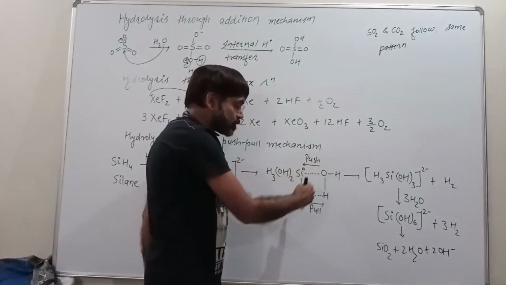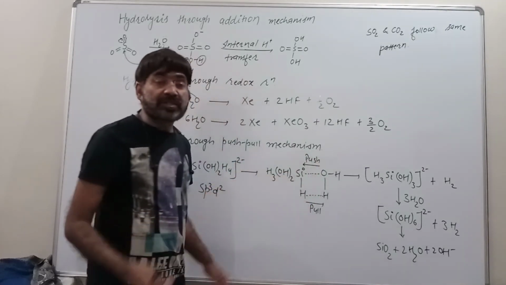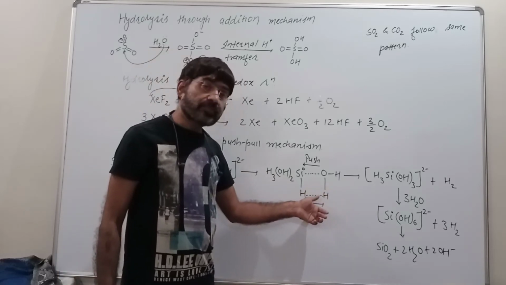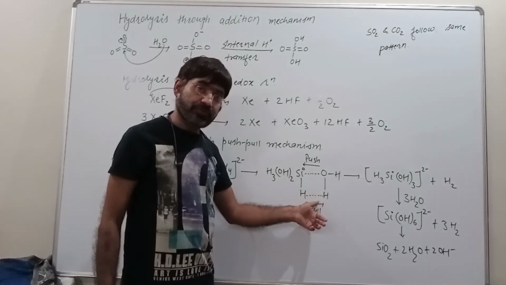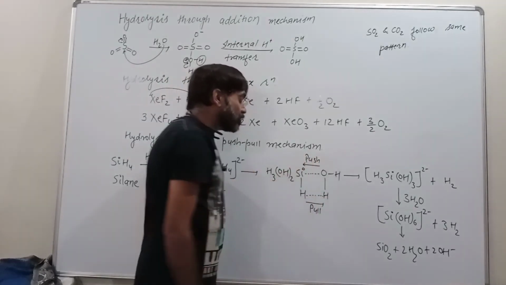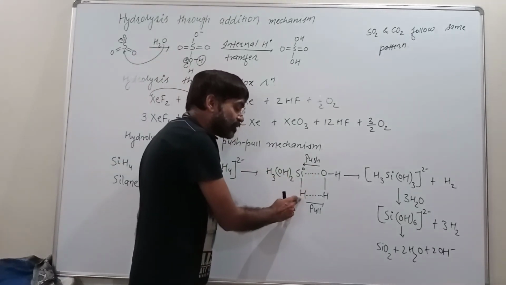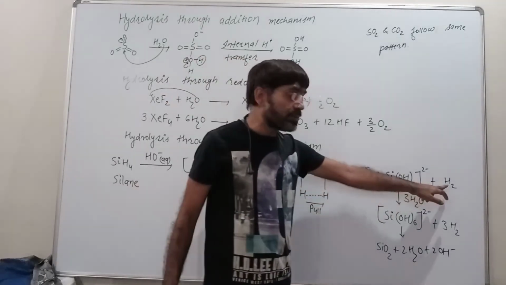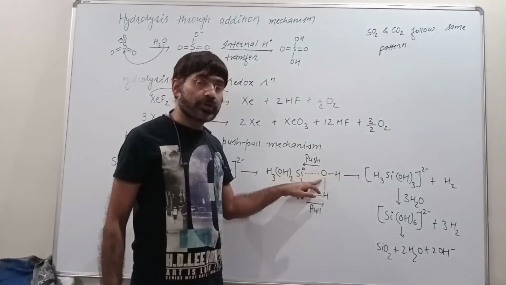Silicon is creating space by releasing H, and the release of this H has been accelerated by the pulling of this H by the H of water. So this is called the push-pull mechanism. And by this push-pull mechanism, the H negative of silicon and the H positive of water combine to form H2. And one of the hydrogens has been replaced by OH of water.